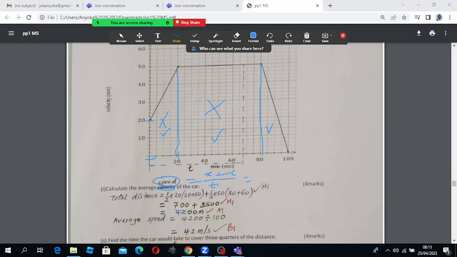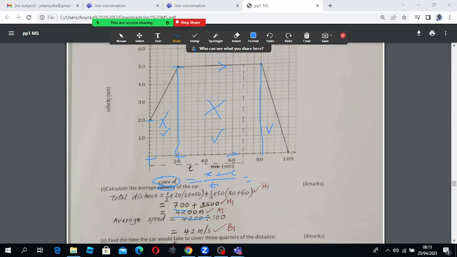And we can treat the other one as a trapezium, and we get the area as a half times the interval between the two, 50 plus 80, and so on, which gives us the total distance of 4200.